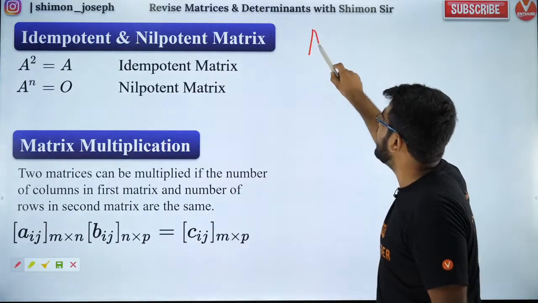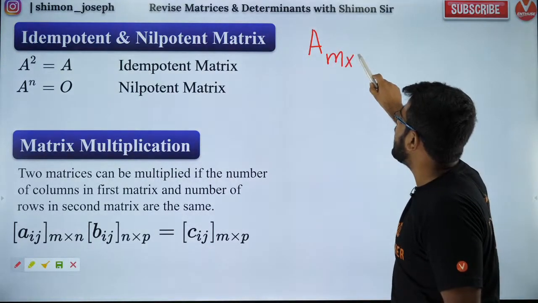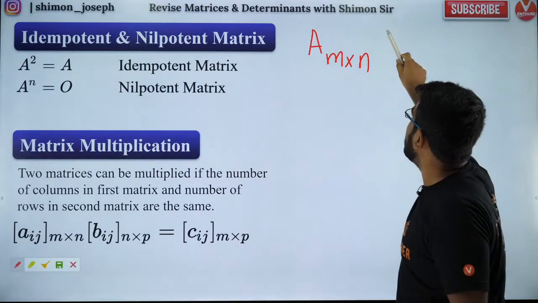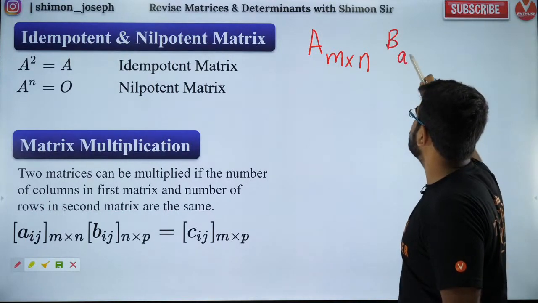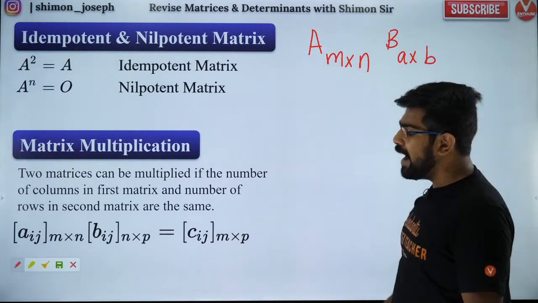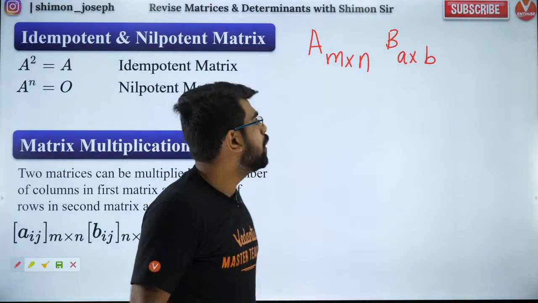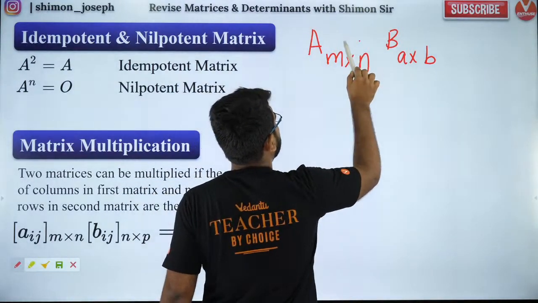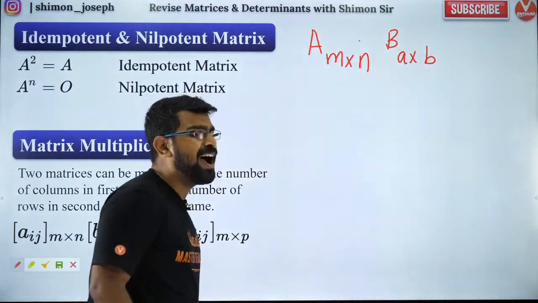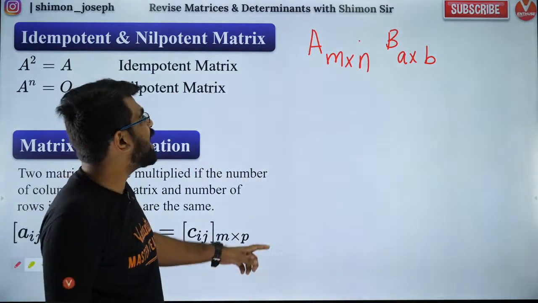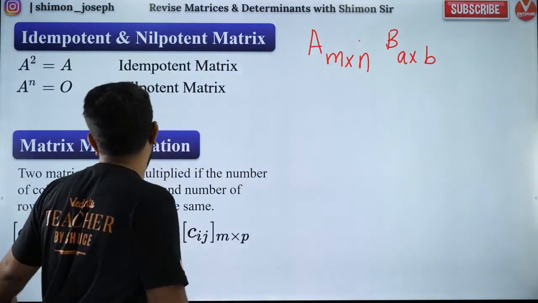So guys, let us say you have A to be a M cross N matrix and B to be a A cross B matrix. Now, I want to check whether A into B is defined or not. Now guys, I hope everybody knows what is order.